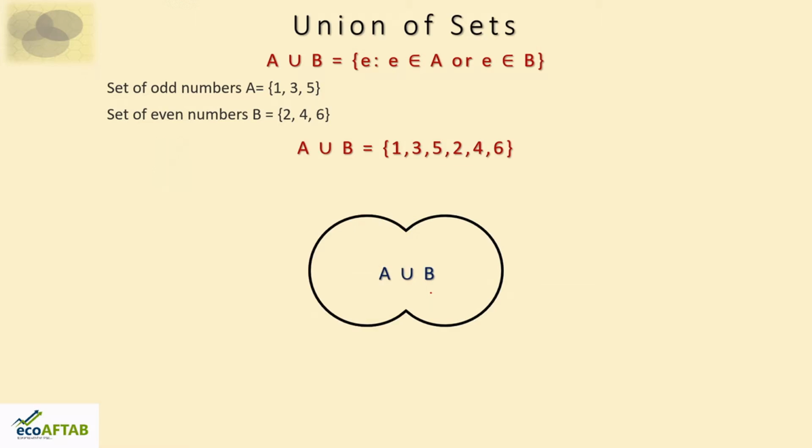This is set A union set B. So simple union means we bring all the elements from all the different sets into one single set. This is giving us a new set with all the elements.